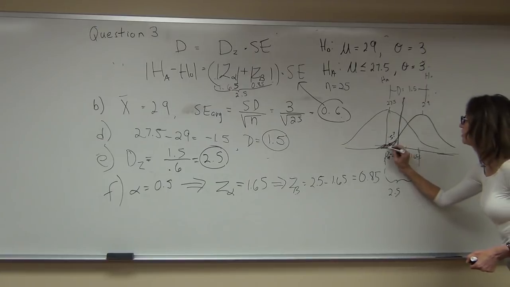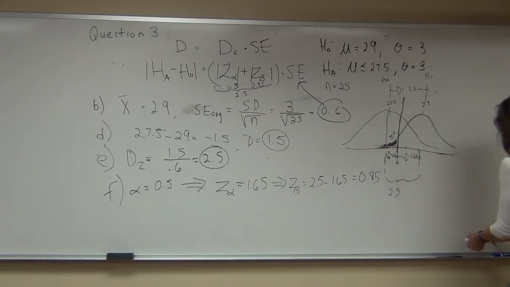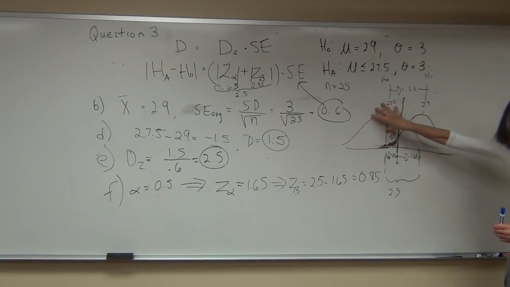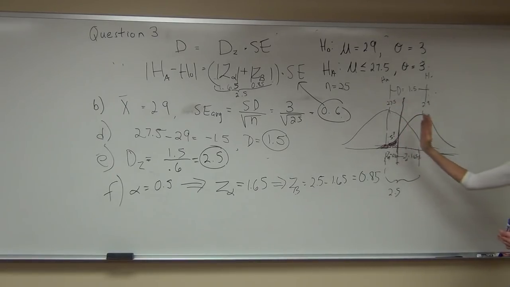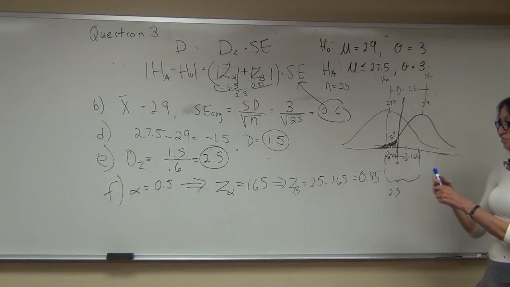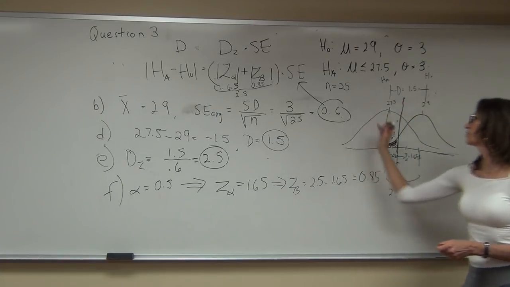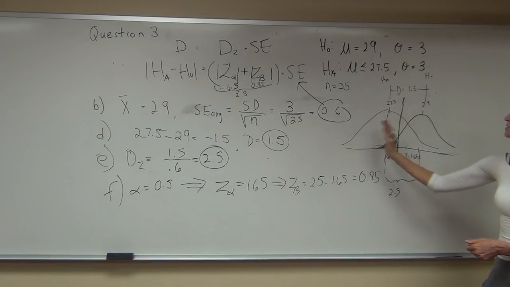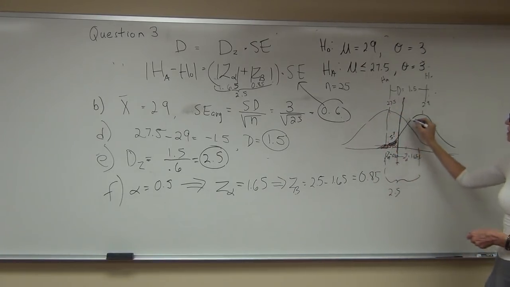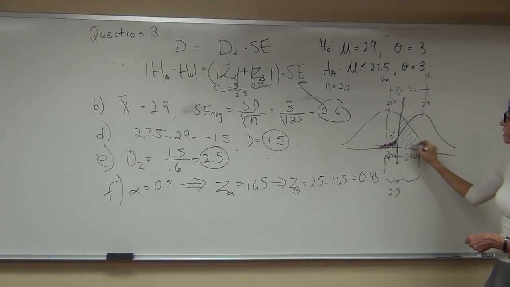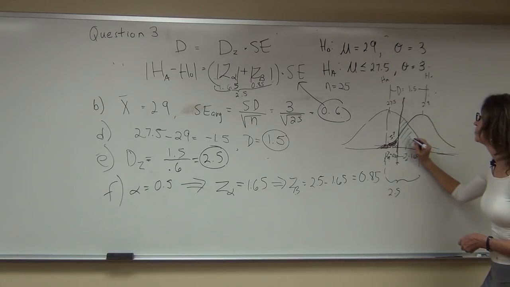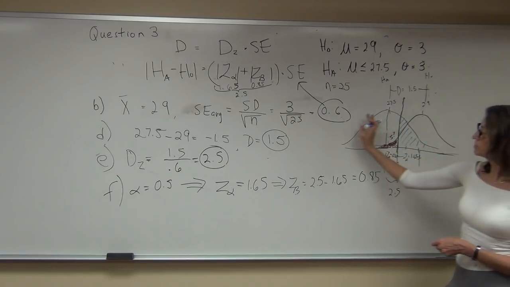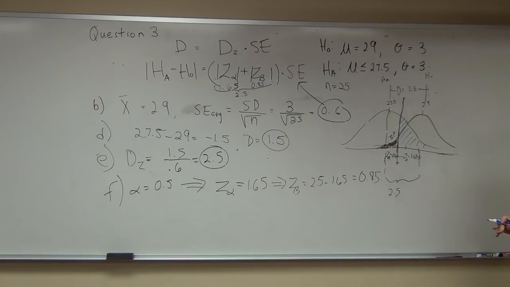But when the alternative is true, we want to decide for the alternative, but when it's really 27.5, there's a distribution around it. So this is the power of the test. This right here is our type 2 error, and that's the power of our test.